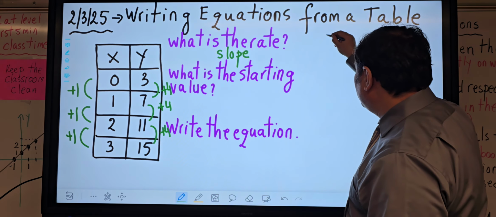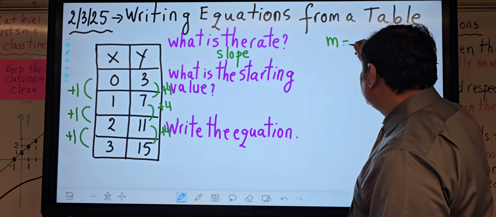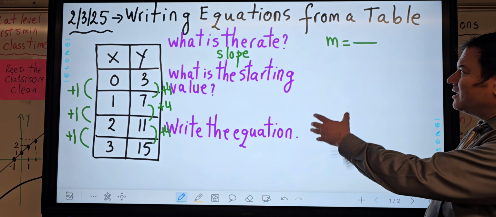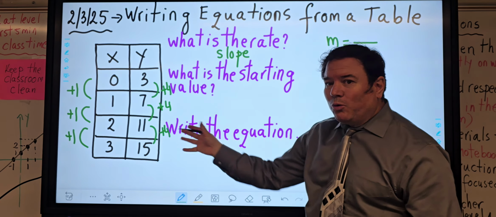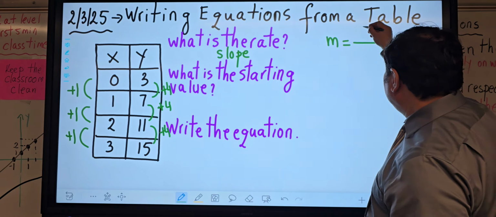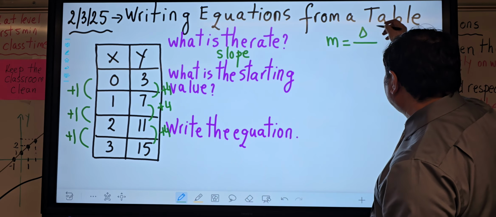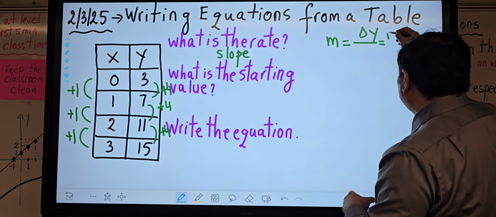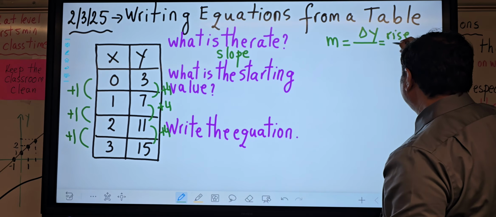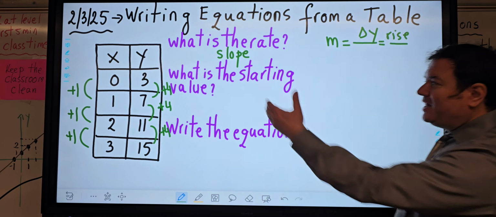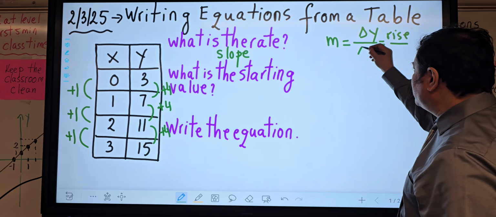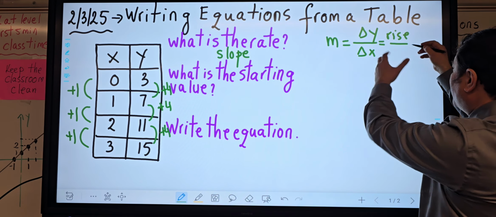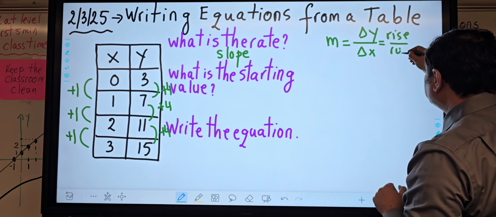So our slope, or the rate, equals the changes in the y. There's another notation, delta y, or changes in the y, and that's our rise, over changes in the x. We call that delta x, and that would be the rise over the run.